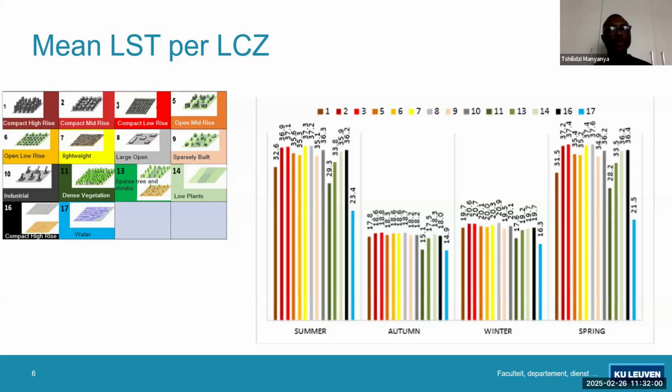Then you see that the vegetated classes, which are local climate zones 14, 11 and 13, have lower surface temperatures. When you consider the water class, you find that it has the lowest surface temperature across the board.